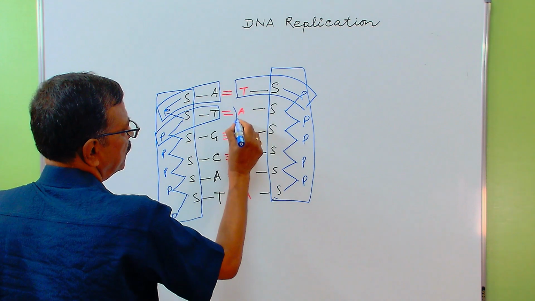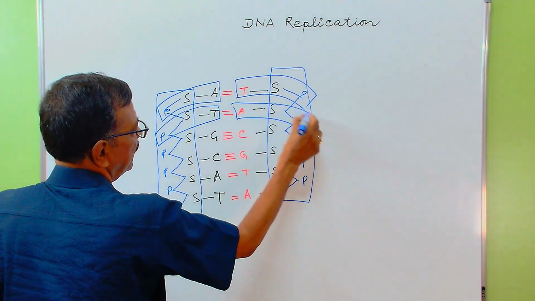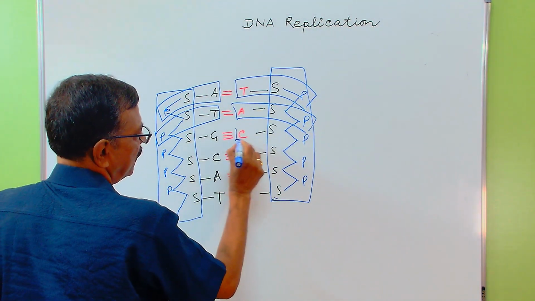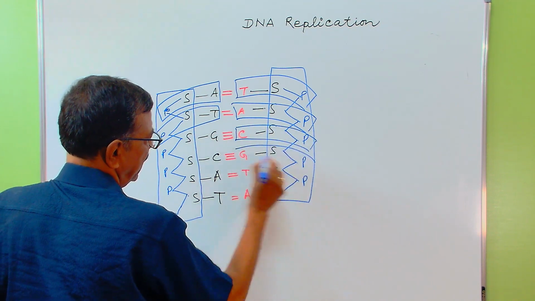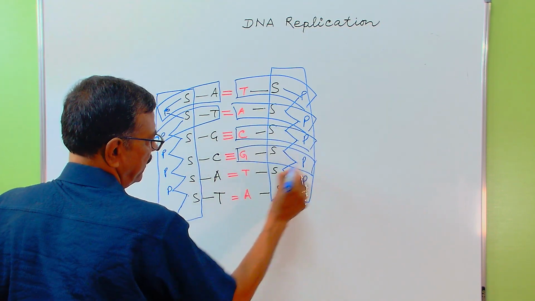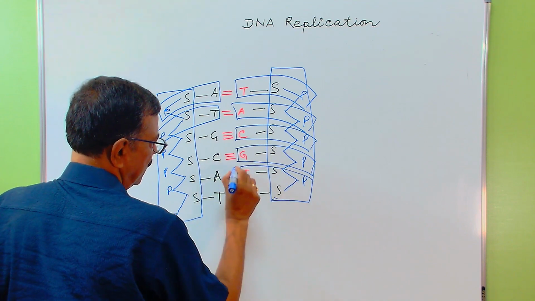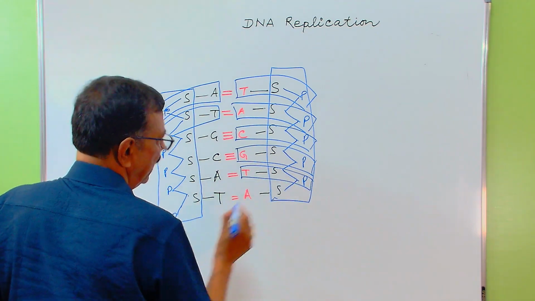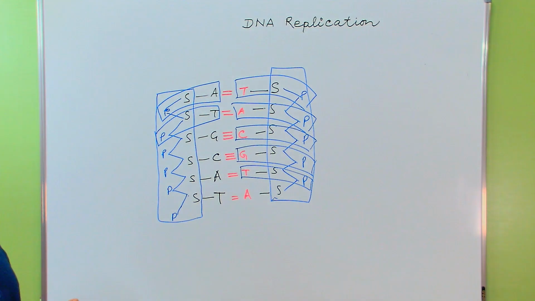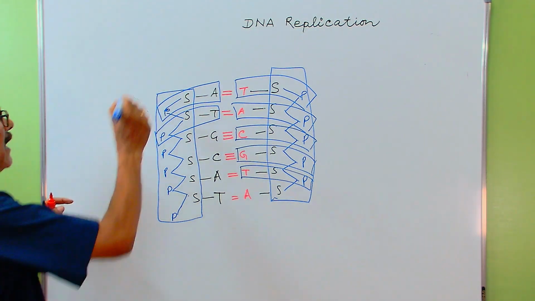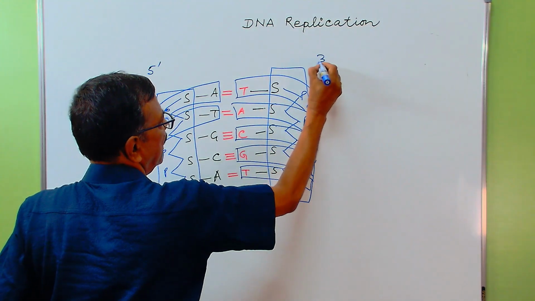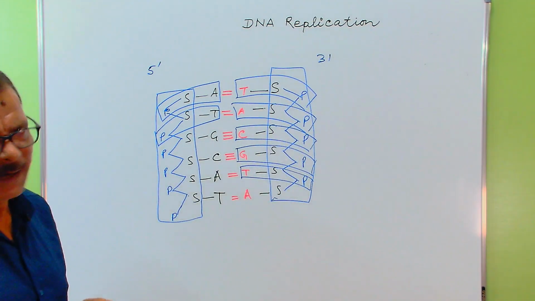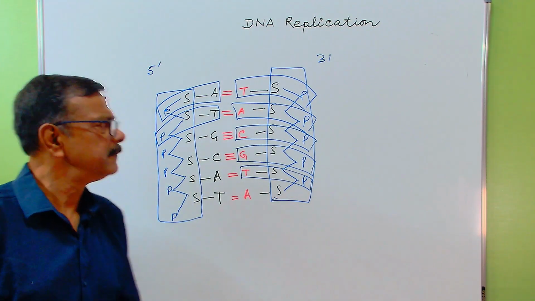When two nucleotides remain joined, it becomes a polynucleotide chain. DNA is the polymer of polynucleotide. And I have already given you information that there is 5' end and there is 3' end, which we have discussed earlier, need not go further.